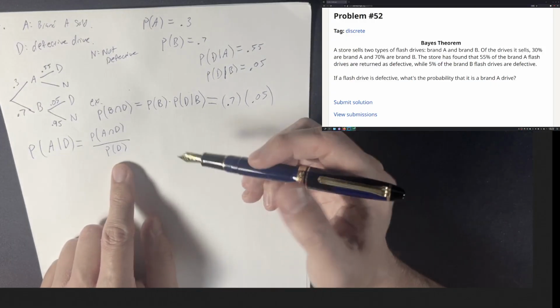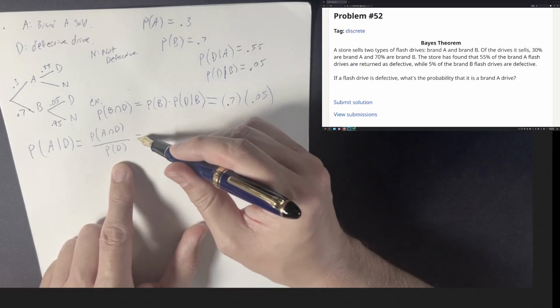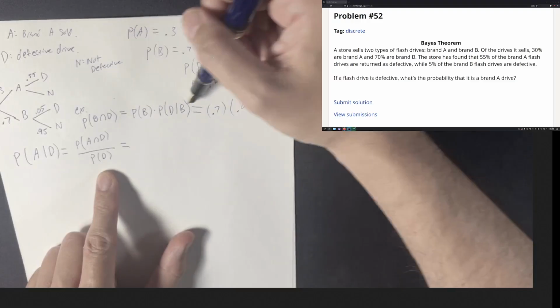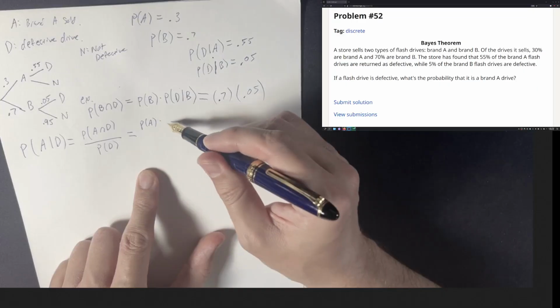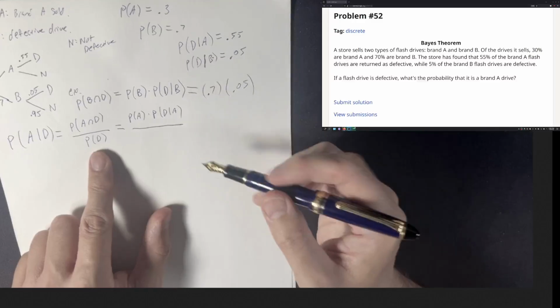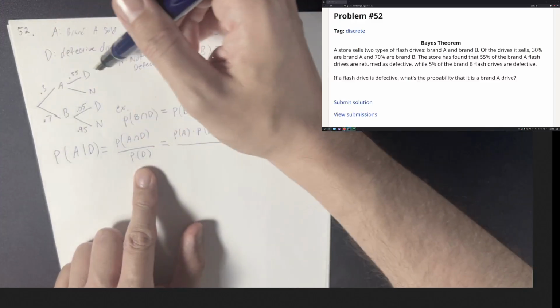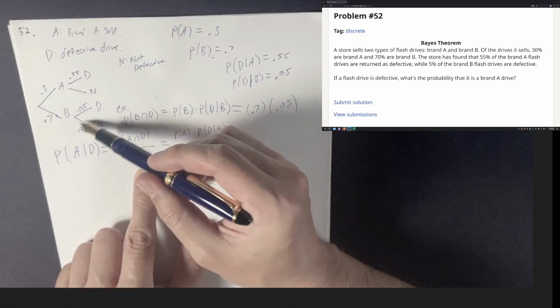And then what Bayes' theorem says is that you should expand this just using the definitions. Upstairs, we're going to use just what we wrote here, that this is the probability of A times D given A. But downstairs, you do this trick where if it's defective, it either came from drive A and it's defective, or it came from drive B and it's defective.